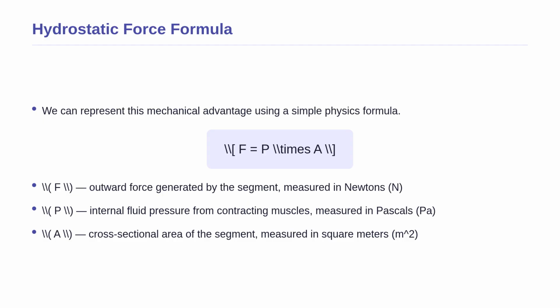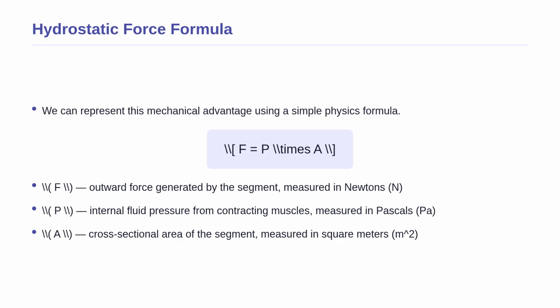To truly grasp how this hydrostatic skeleton works, we can represent it mathematically. The pushing force of the worm is governed by the equation F equals P times A. Let us break down every symbol. F represents the outward force generated by the worm's segment, measured in newtons.